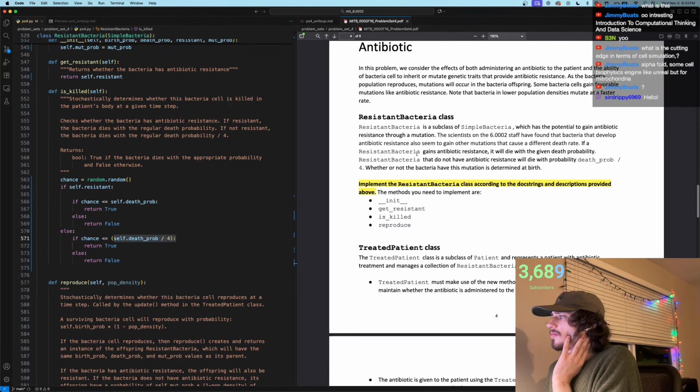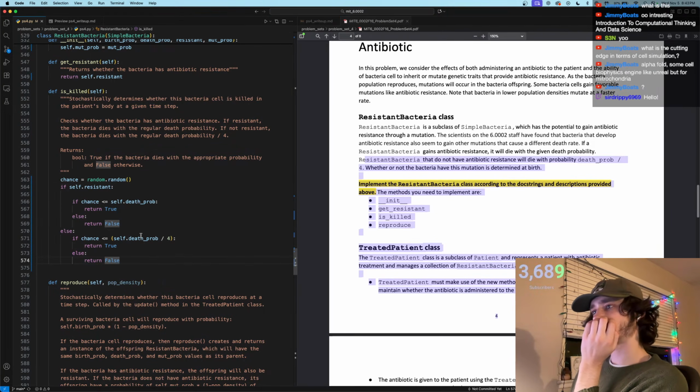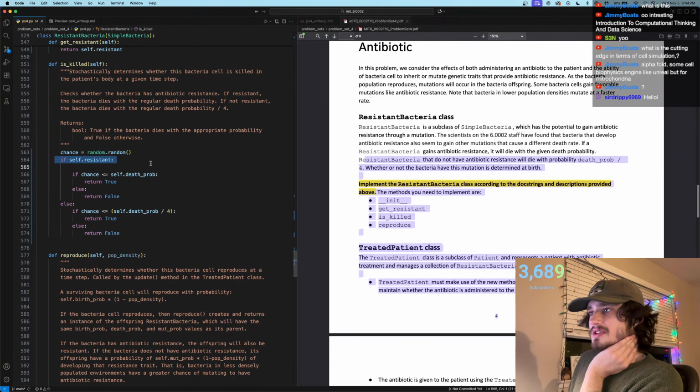If a bacteria gains antibiotic resistance, it will die with the given probability. Bacteria that do not have antibiotic resistance will die with probability divided by 4. Okay, I guess. If there is resistance, you check the chance.